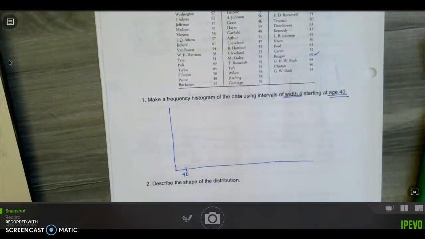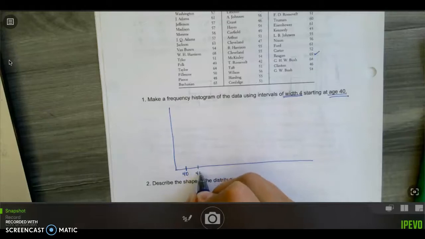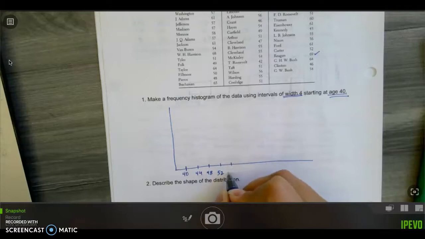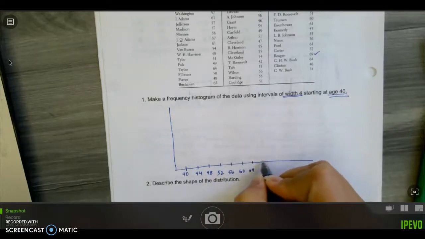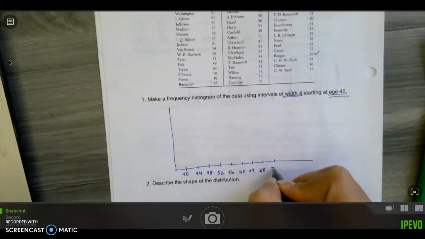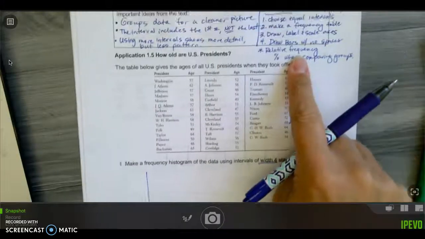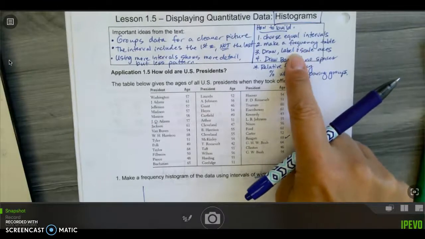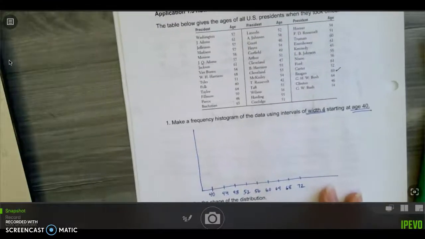So I have to go at least beyond 69. So I have 44, 48, 52, 56, 60, 64, 68, 72. So I'm getting a little ahead of myself based on this, but I want to see these intervals.